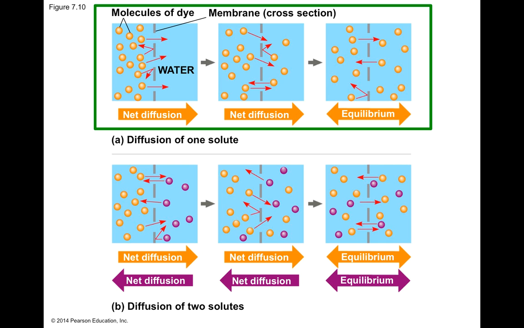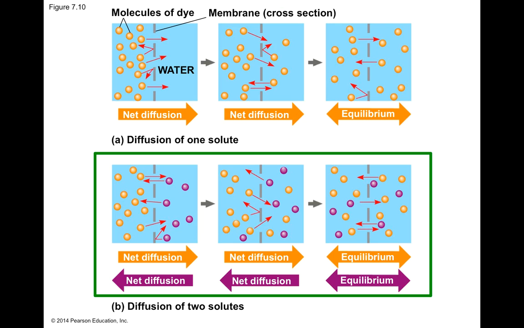Here on the top, we have an example of diffusion of one substance: molecules of dye, like food coloring. Random movement of the molecules will cause colliding and changing directions. Every once in a while, a molecule will pass through a pore in the membrane, sending it to the other side. Once equilibrium is reached, for every molecule that moves to the left, another moves to the right.